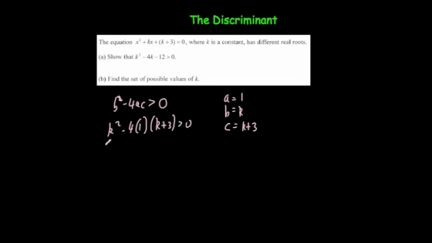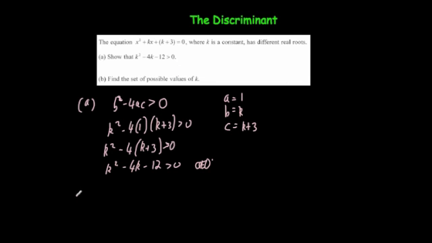So what you would get there is k squared minus 4 bracket k plus 3 is bigger than 0. Let's expand the bracket, so you get k squared minus 4k minus 12 is bigger than 0. And that is what we were asked to show. So QED.